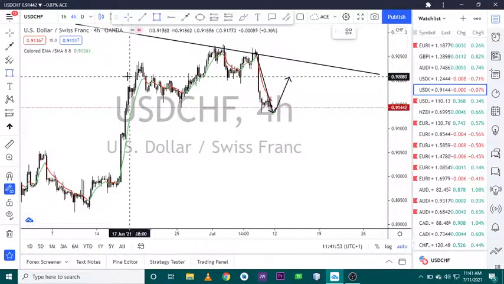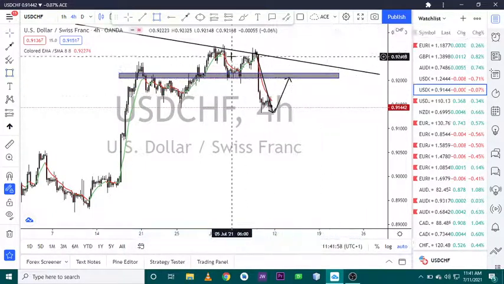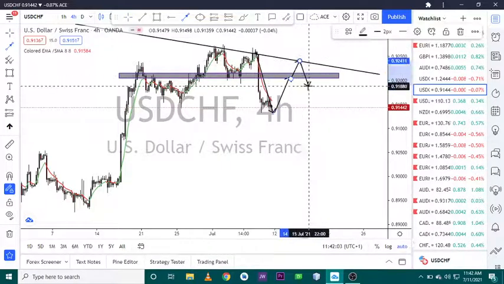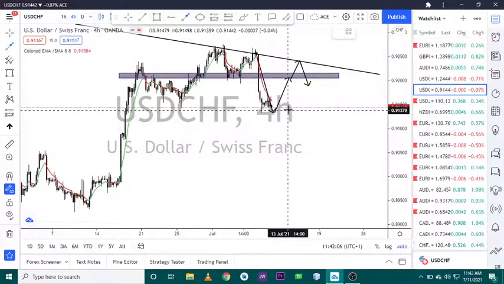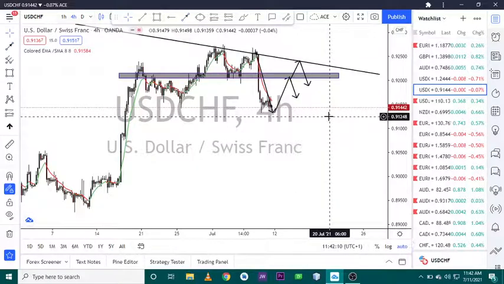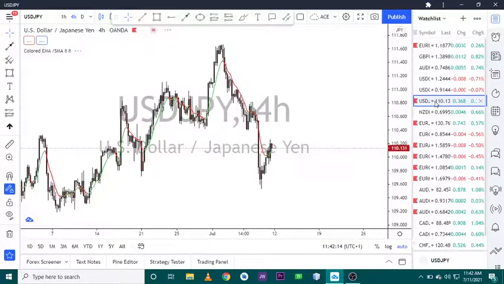Either we retrace to this level and we'll get an opportunity to sell, or we push back to the trend line and then we'll get an opportunity to sell. So one of these things might happen and we'll get an opportunity to sell, but for now I will be watching this. So we'll just be looking at the major pairs.